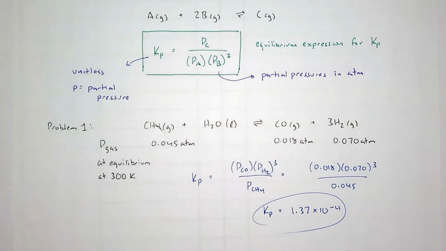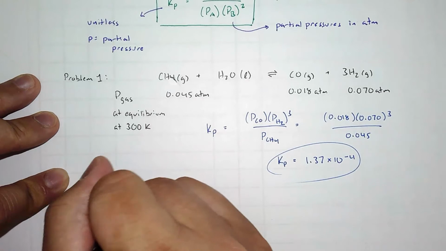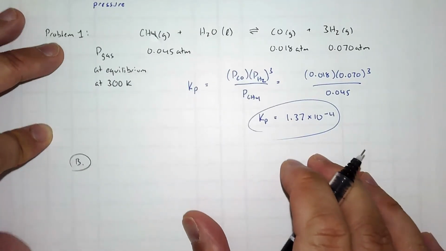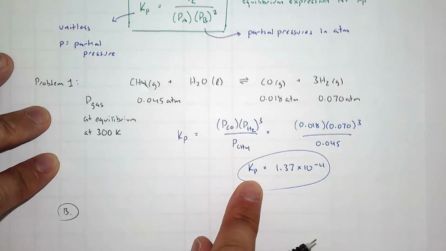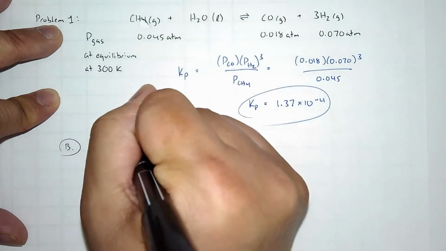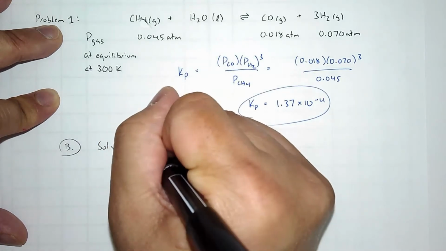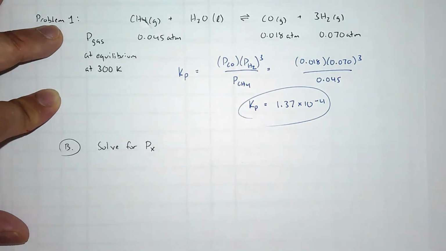Let us try another problem. In this problem, you're going to solve for the partial pressure. In the problem up here, we solved for the Kp. So here we're going to solve for a partial pressure of x.